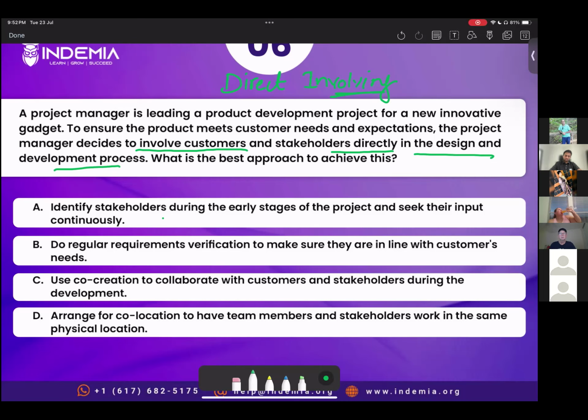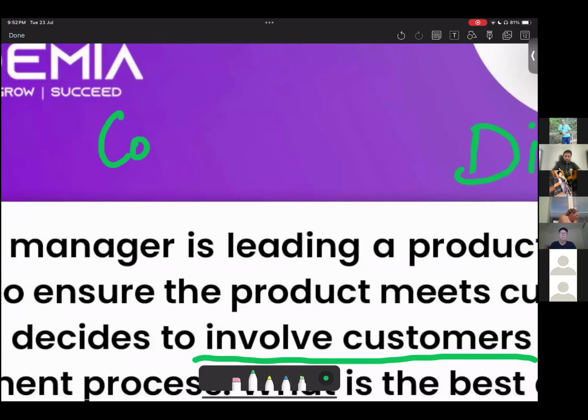So co-creation is a technique. It's a concept in which we make customers or stakeholders part of our team. You understand, everybody? Co-creation, it's a technique where we involve customer by making them part of the team. So they would be performing some roles.